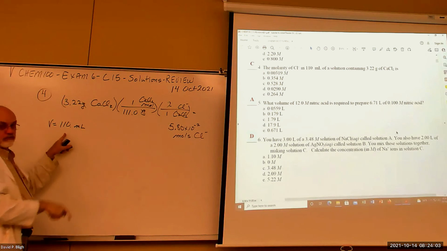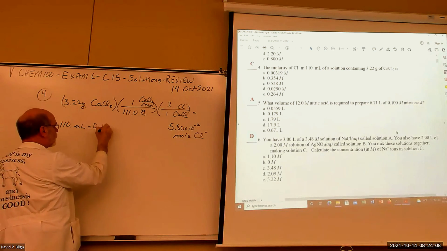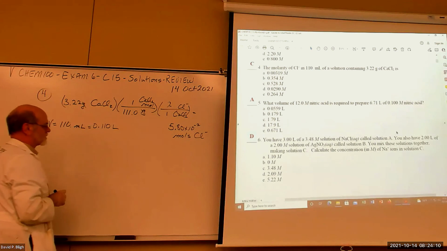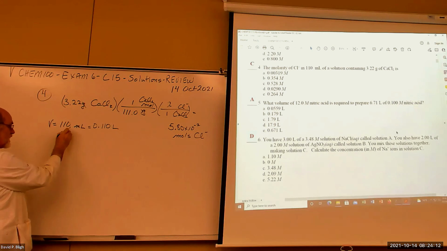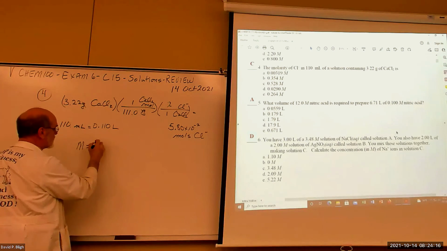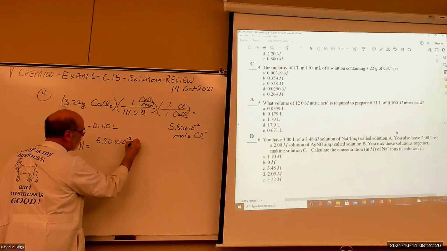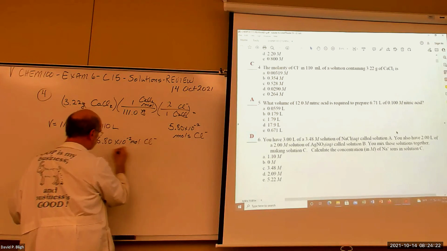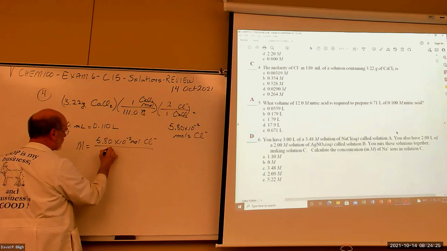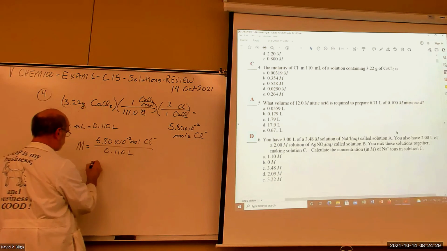Moles per liter, 0.110 liters. I just moved the decimal 3 to the left. So the molarity is 5.80 times 10 to the minus 2 moles of chloride divided by 0.110 liters.